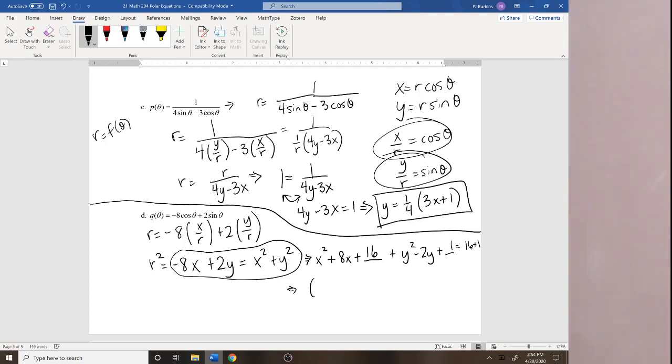So this becomes x plus 4 squared plus y minus 1 squared equals 17.